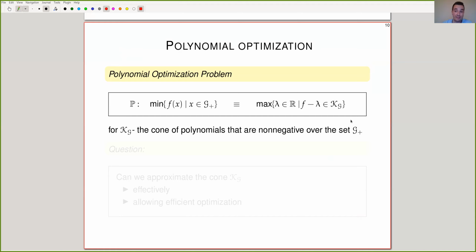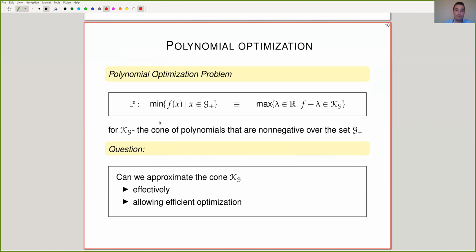Of course, we haven't done anything spectacular, so the problem on the right has to be as difficult as the problem on the left. So what we would like to do is actually approximate this cone KG effectively, meaning we would like to get a good approximation, and at the same time, we would like to allow efficient optimization over this cone.